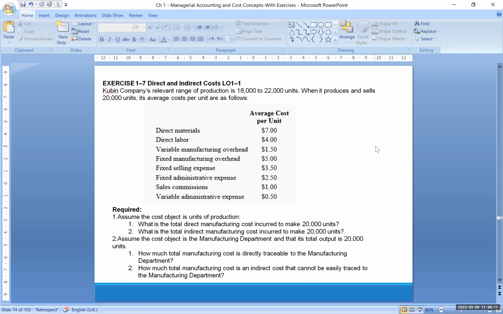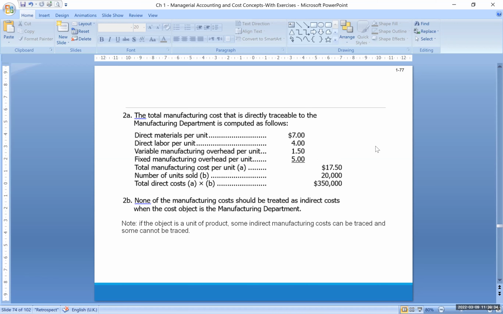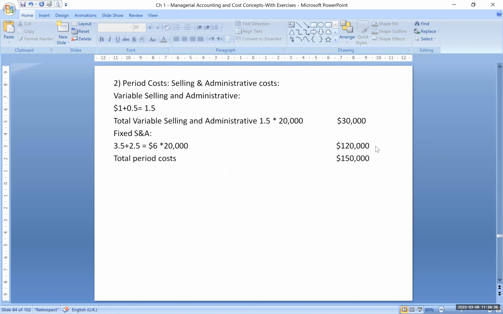So the answer will be 1.5, the variable, multiplied by 20,000 units, plus the fixed selling and administrative expenses of 120,000. The answer will be $150,000.